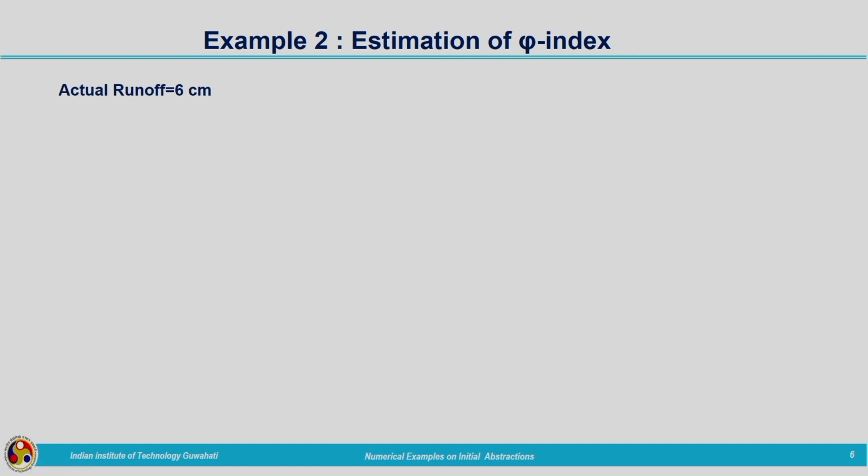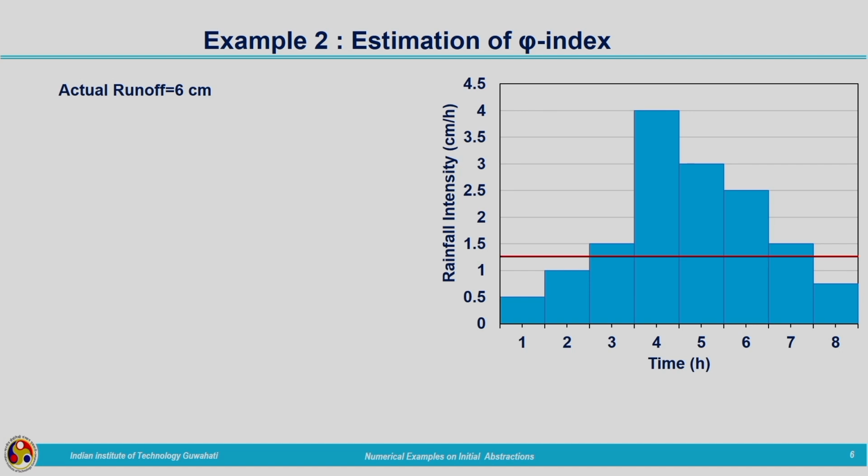In the next guess, with the same figure, we are going to assume a phi index value of 1.25 centimeters per hour. Where is this 1.25 coming from? The initial guess was between 0.5 and 1, and the second guess we are going to make between 1 and 1.5. We need to determine the interval rainfall intensity for which the phi index value will be constant and gives the actual runoff depth.